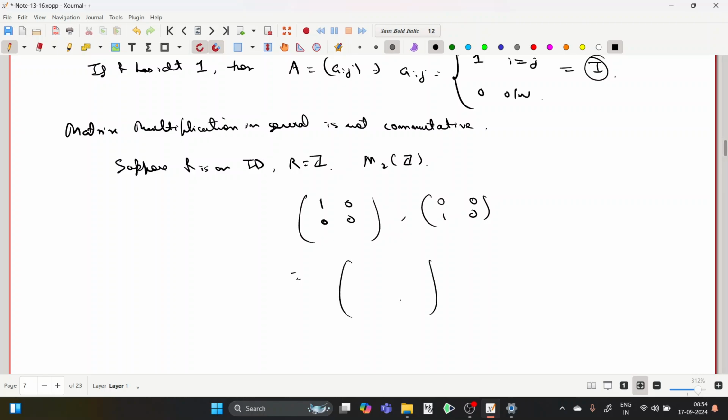If I multiply these two out, I get 1 times 0 plus 0 times 0, so 0 here, and so on, zero in every entry. So these two are zero divisors in M_2(Z). In fact, Z is an integral domain, but still we have zero divisors in M_2(Z). Therefore, M_n(R) is not an integral domain in general, even if R is.